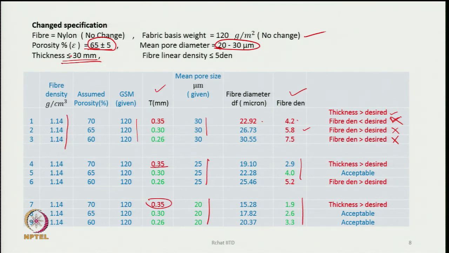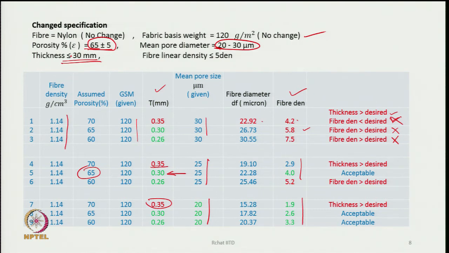Therefore, the acceptable combinations are this one, that means we can use nylon fiber, but that porosity has to be then 65, and in that case if we choose a fiber of 4 denier, then it meets the requirement. 4 denier fiber, and you have to make a fabric whose thickness should be 0.3 mm, then it will meet the requirement.